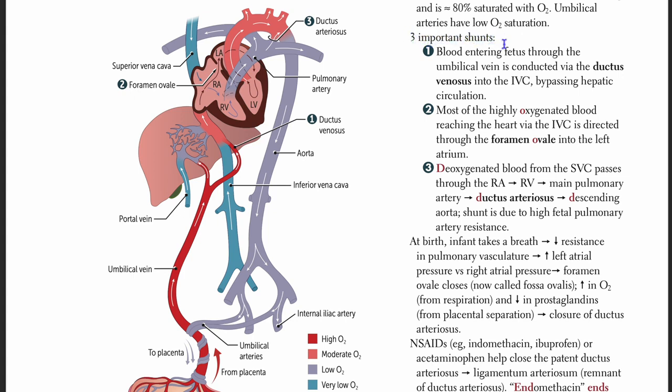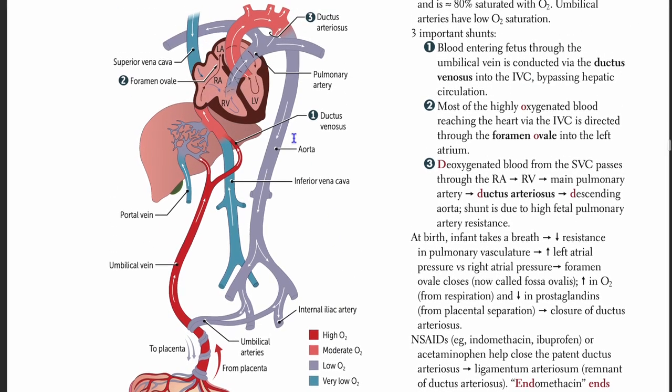Okay, three important shunts. First is ductus venosus. So what's the importance of this? Blood entering the fetus through the umbilical vein is conducted via the ductus venosus into the IVC, bypassing the hepatic circulation.